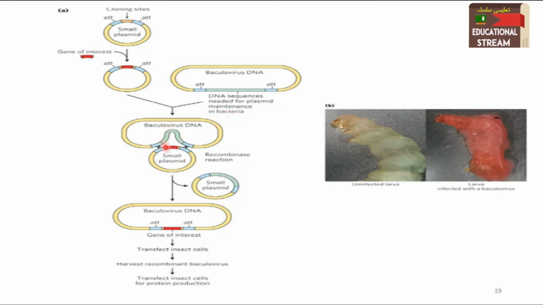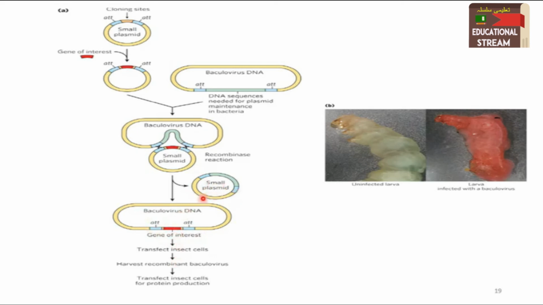During the process of recombination, the gene of interest is inserted into the baculovirus DNA, and the DNA sequence which is necessary for maintenance of plasmid in the bacteria is recombined into the plasmid sequence. So after the recombination reaction is completed by the recombinase enzyme, you can see that this is the baculovirus DNA, and it contains the att sites and the gene of interest in between those sites.